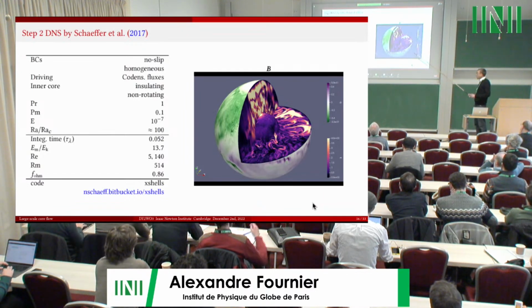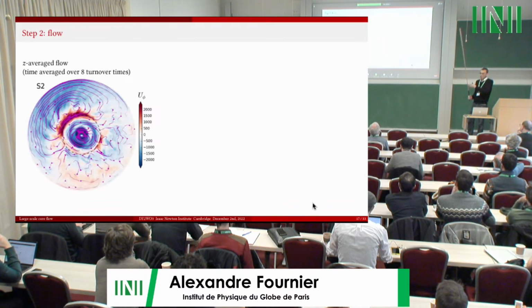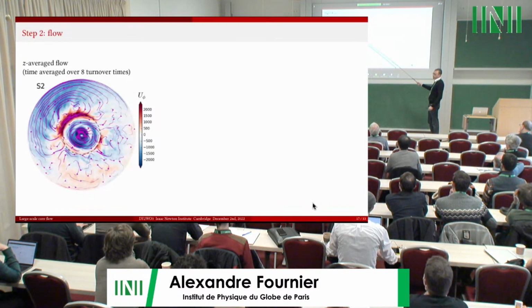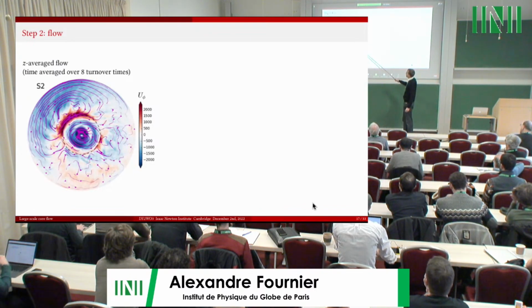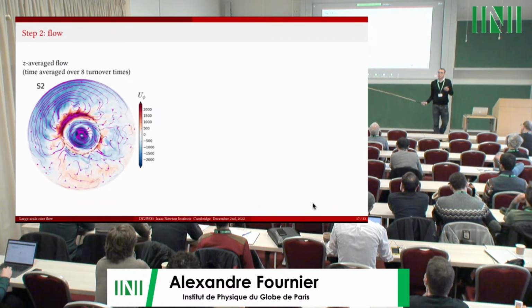Okay, what's interesting also with this simulation is that if you take the Z average, so the average of the flow along the direction of rotation, and you time average it, you get this pattern. So that would be the equivalent of the result of a core flow inversion performed on this model. So you find an eccentric circulation that also has an m equal 1 pattern. It does not circle around the tangent cylinder, but nevertheless, you get this banana shape without prescribing any heterogeneous boundary condition.